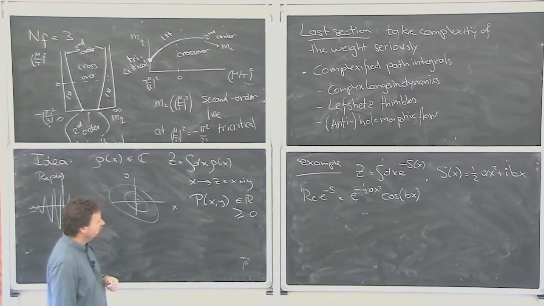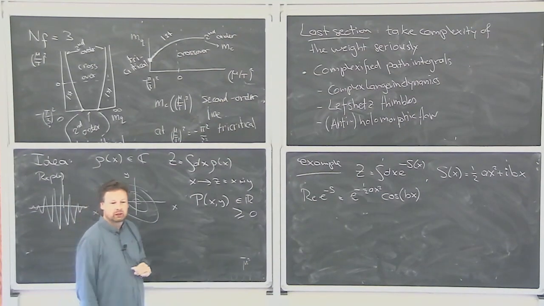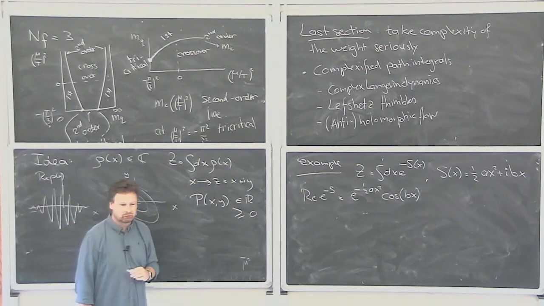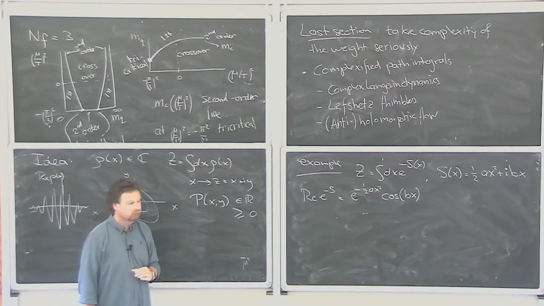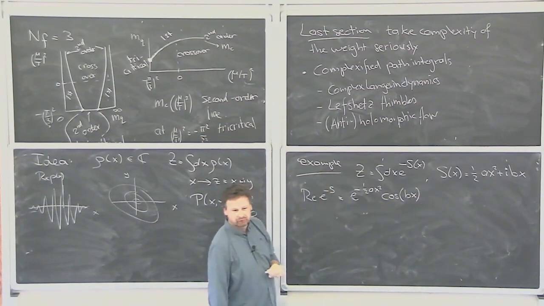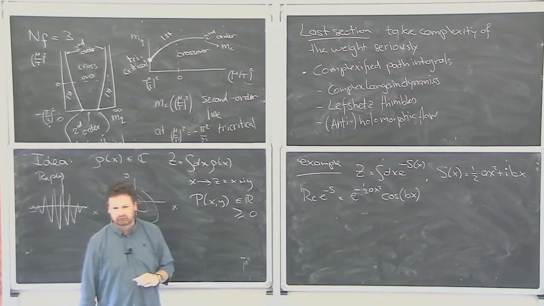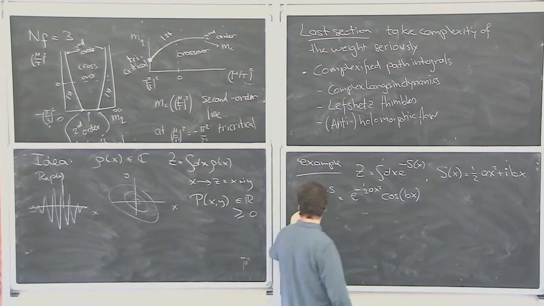So how would you do this integral if you wouldn't be thinking about numerical integration and whatnot? This integral here. Shift variables, exactly. So you would do it by completing the square.